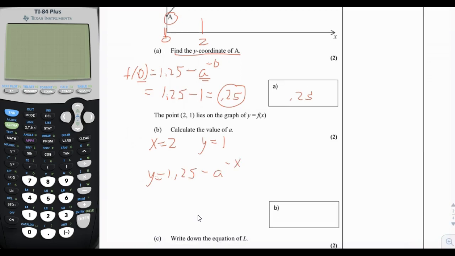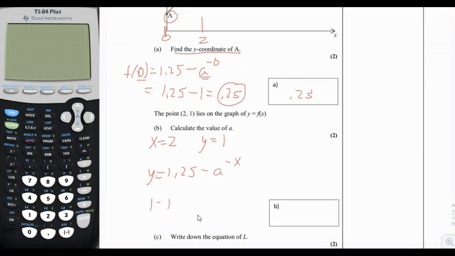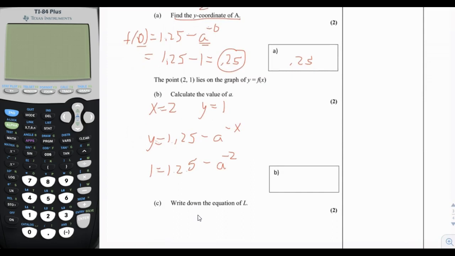So now we know that y is equal to 1, and we know that a to the negative x is a to the negative 2. So we could subtract 1.25 from both sides. That will give us negative 0.25 is equal to negative a to the negative 2. So we could make both sides positive, and we'll get 0.25 equals a to the negative 2.